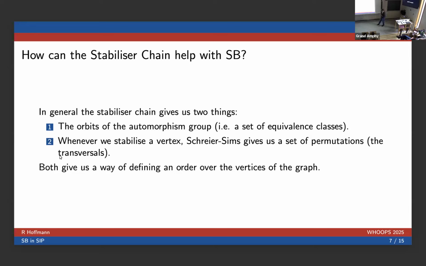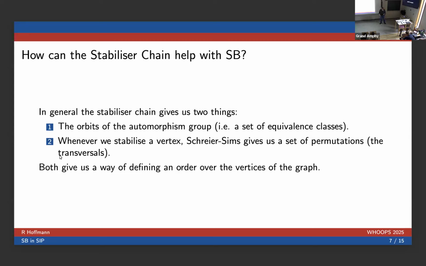And the second thing is, whenever we do an assignment, or what in Schreier-Sims world and group world is called a stabilizer vertex, we're looking at what we can still map to, and there is a bunch of permutations that we get out of it called the transversals. And when we use those transversals, we get a little bit more information than just using the orbits, and they're technically also giving us a little bit more information than just using the whole generating set of the automorphism group.